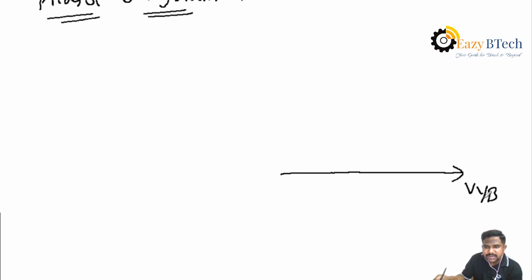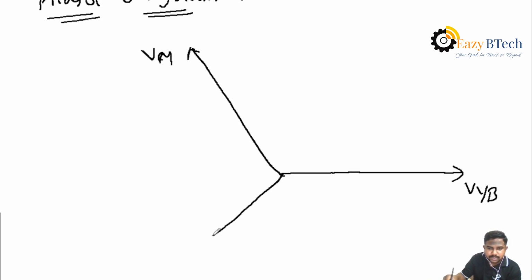I am considering VYB as reference, the second one VRY, and the third one VBR. All three phase voltages are displaced by 120 degrees.